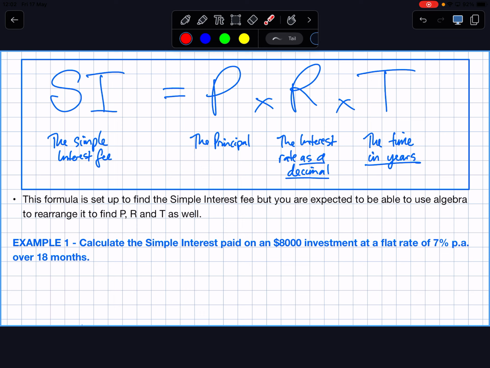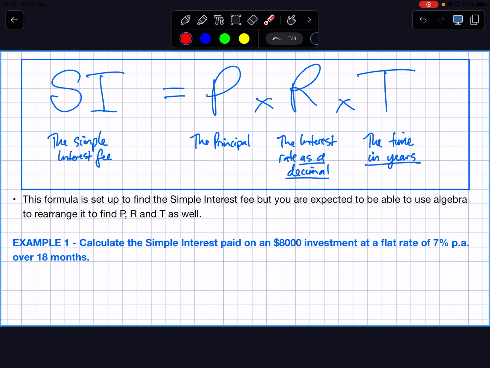If you do have the formula, you might as well get the first example down while you're waiting. So that stuff in black under the formula is just to make you aware that simple interest formula is set up to find the simple interest.